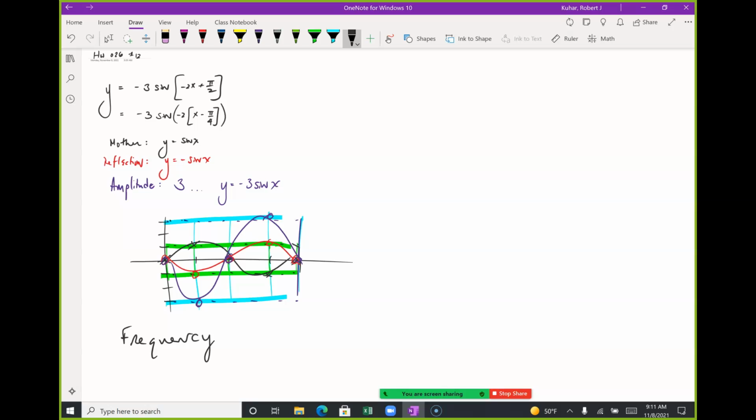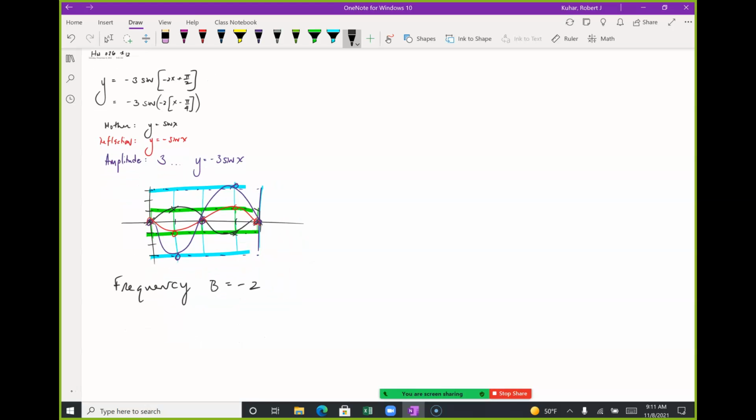So my frequency here is b equals negative 2. What is that going to do, right? So I would like to look at y equals sine of x and y equals sine of negative 2x, because it will clear up what's really happening there.